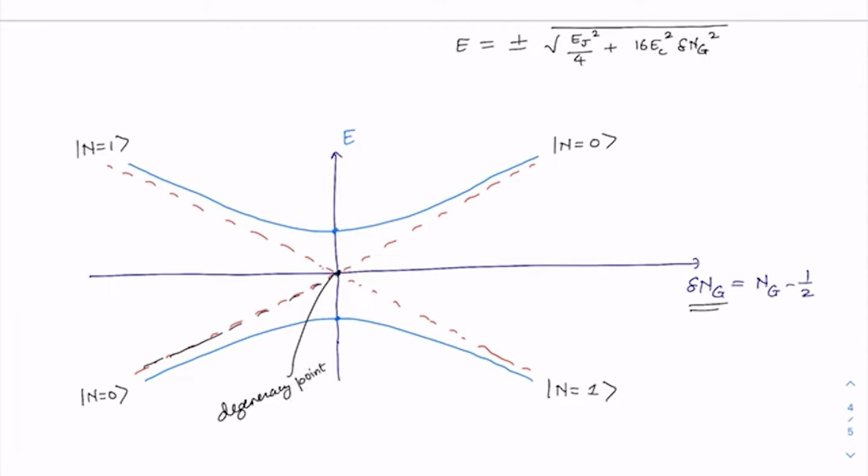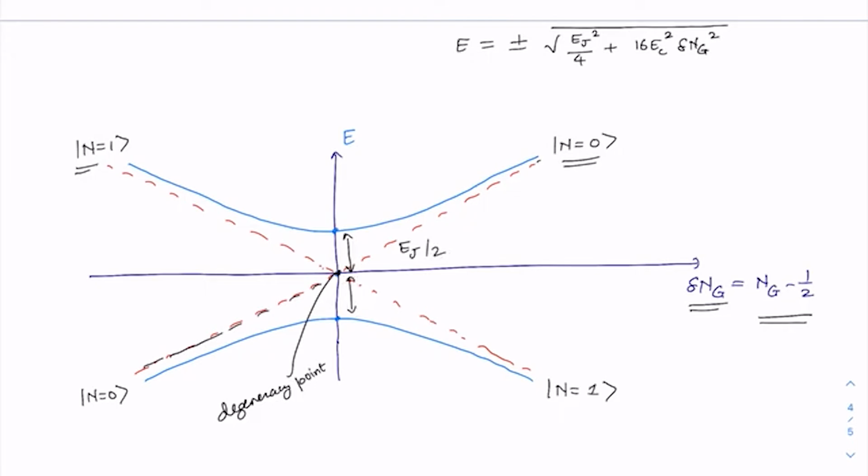The positive slope refers to the eigenstate for n is equal to 0, and the negative slope refers to the eigenstate corresponding to the n is equal to 1 state. And when the perturbation is switched on, they no longer cross. This plot I am drawing is for near Nz is equal to half. You just have to remember that. And this energy gap is EJ by 2.